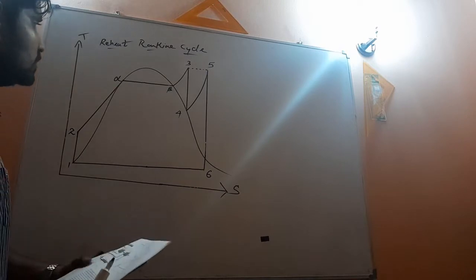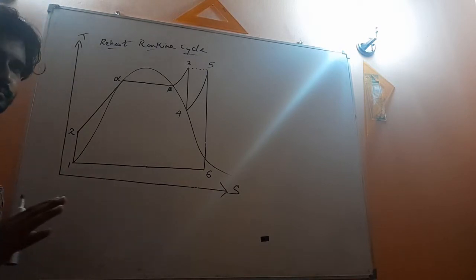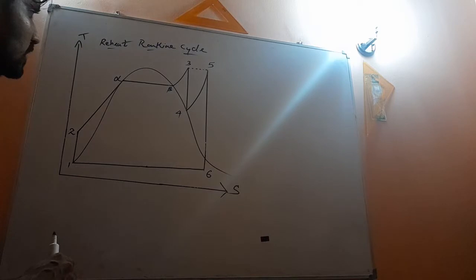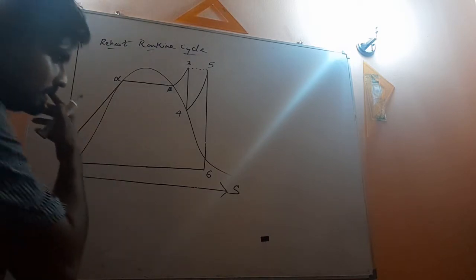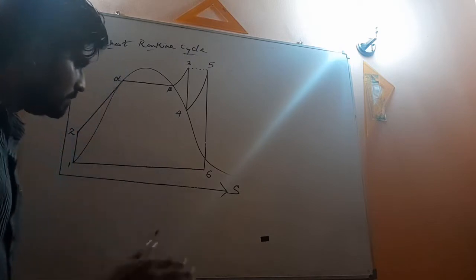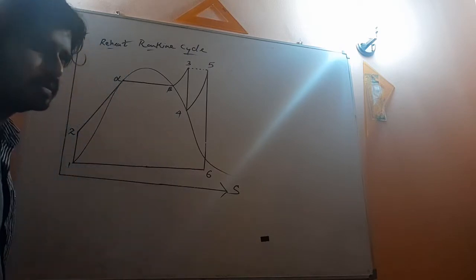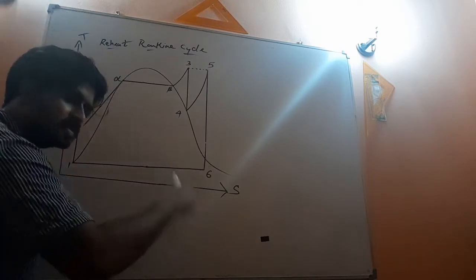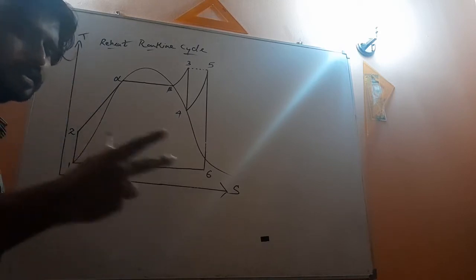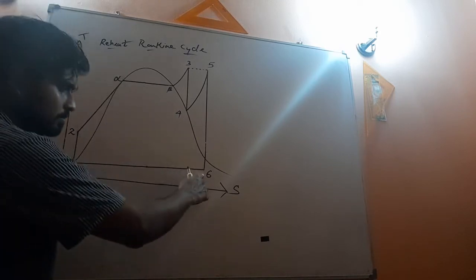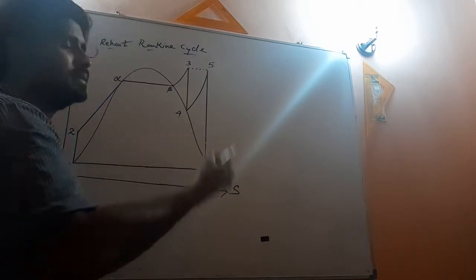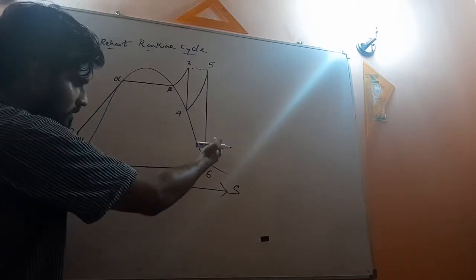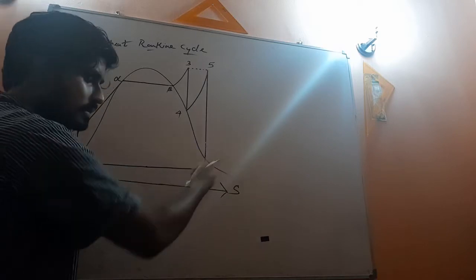Okay, so now I hope all the points are clear, right? So now you have to be very careful when sketching this. Now definitely, as per this problem, you can see this point 6. So this point 6 represents the exit of the second stage turbine. Point 6 is the final state, exit of the second turbine, right?